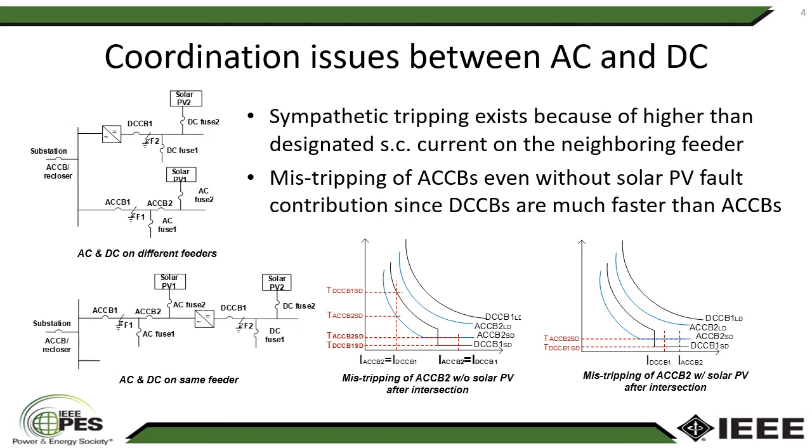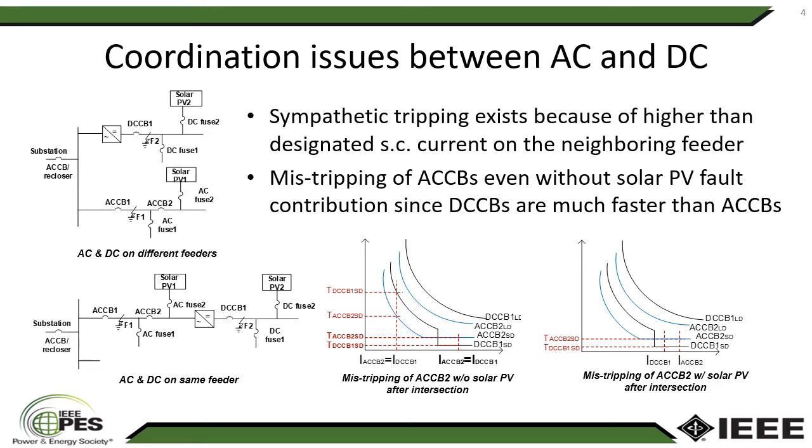This slide shows the protection coordination issues between AC and DC subsections in a hybrid distribution network. There could be two kinds of configurations. One is AC and DC on different feeders. The second one is AC and DC on the same feeder. For the first one, sympathetic tripping still occurs because of higher than designed fault current values on the neighboring feeder.